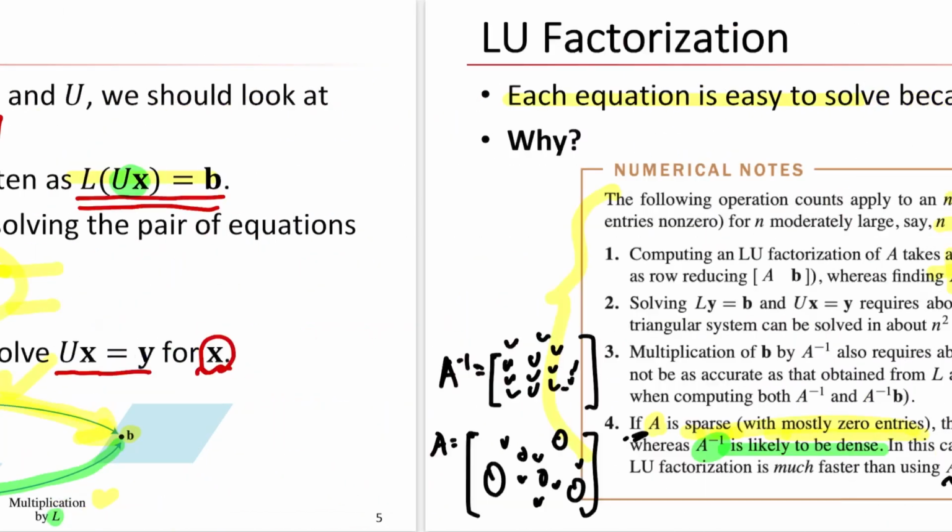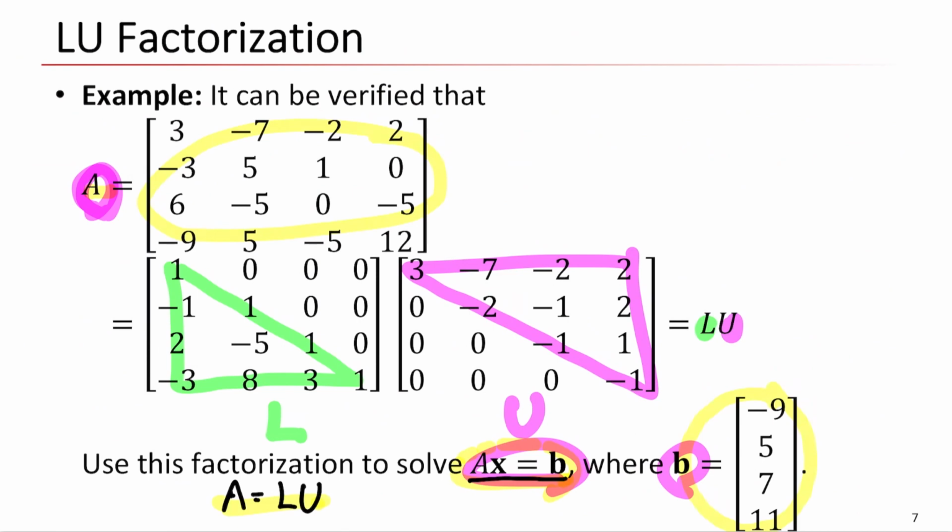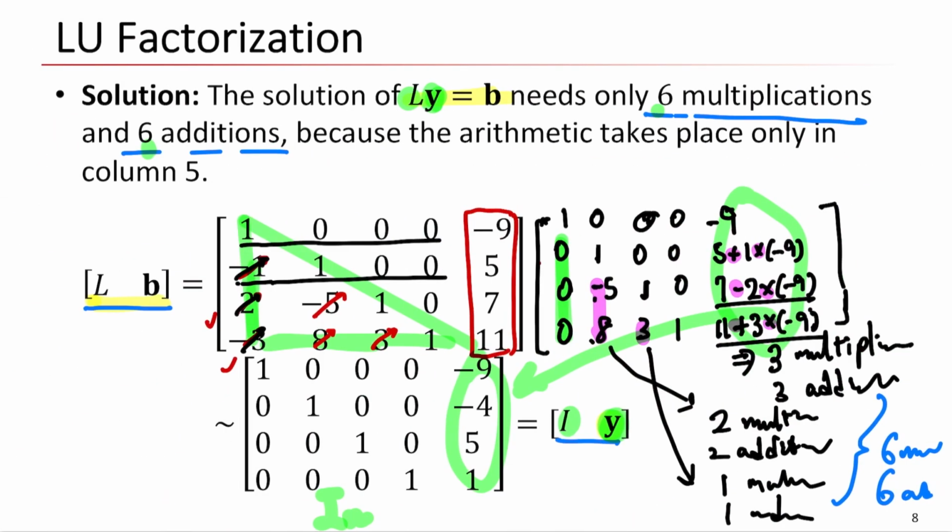Okay, so in the example, we talked about how we can solve the Ax equals b problem by using the LU decomposition, right? First of all, by using the matrix L and vector b, we found the vector y, right?